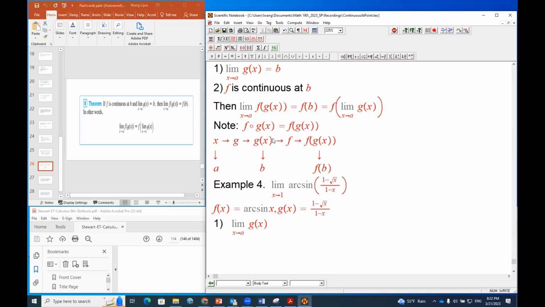Before we can apply the conclusion of the theorem, we need to check the first condition. When X is approaching A, in our case A is 1, we're going to work on this limit.